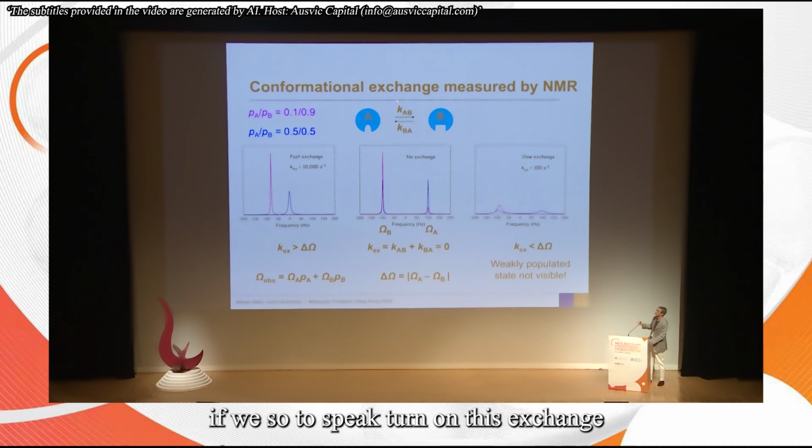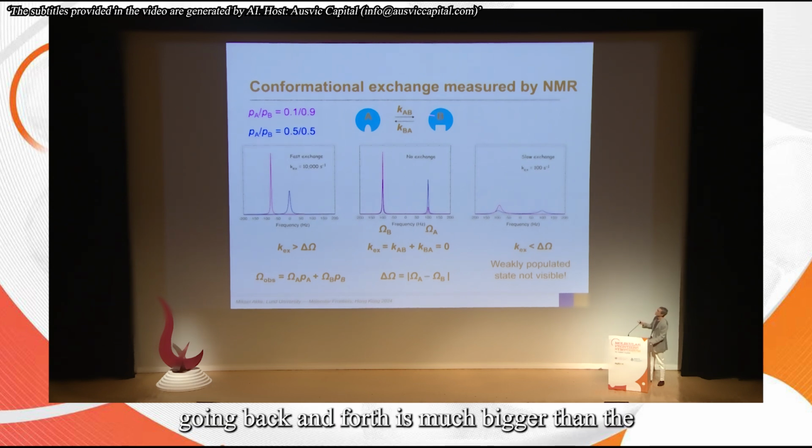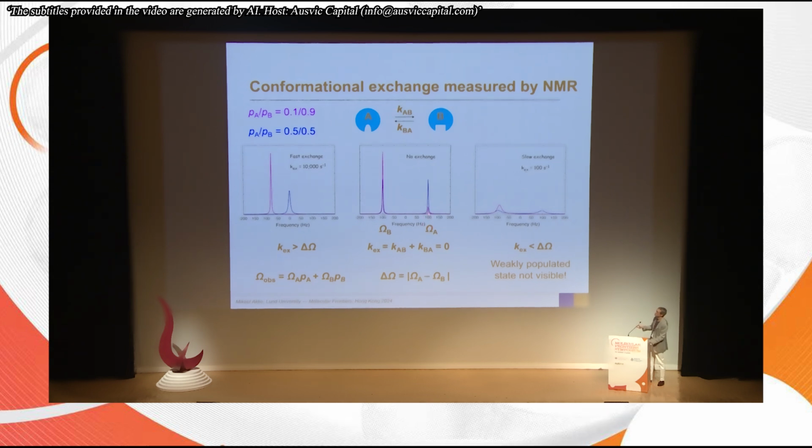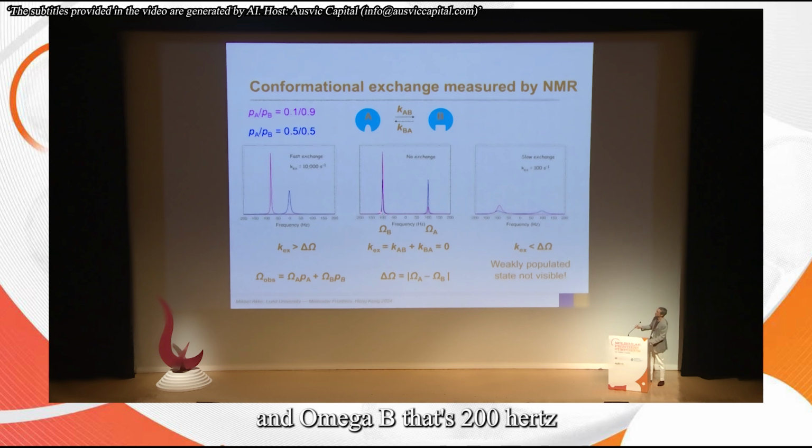If we, so to speak, turn on this exchange, the spectrum will change its appearance. So if this going back and forth is much bigger than the frequency difference, so go here from omega A, frequency we call omega in NMR oftentimes, and omega B, that's 200 hertz, is the difference between them.